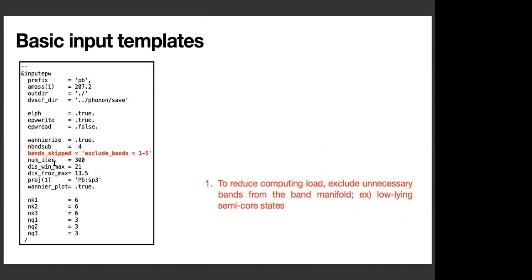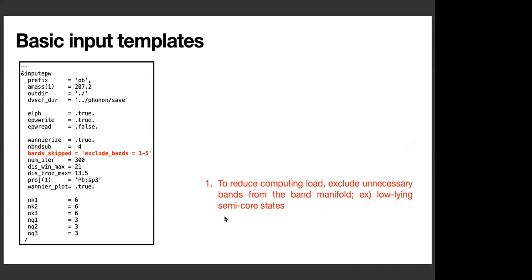The next input keywords are totally related to the Wannierization, and I think that maybe all of you know these inputs, but I just want to mention the bands_skipped flag. Basically, this is exactly the same as the Wannier90 input exclude_bands.